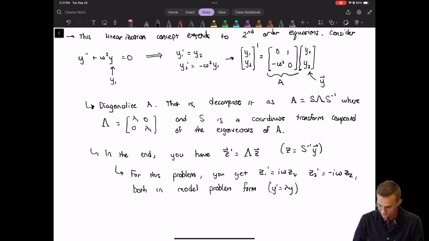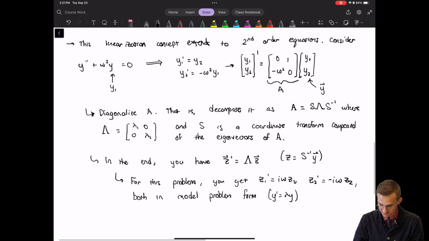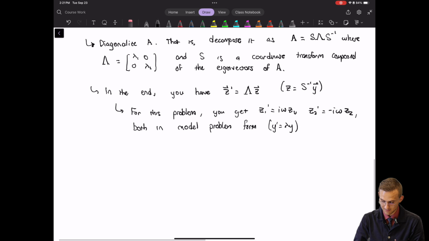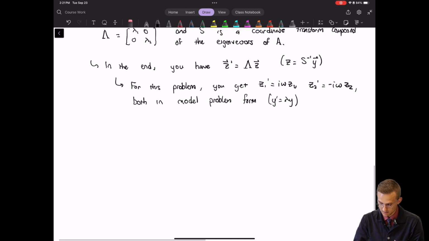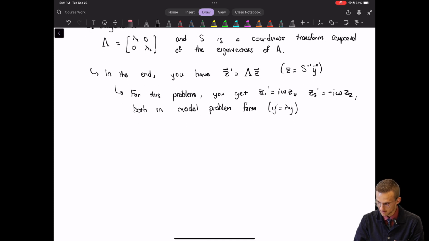The whole point is that this is the general process by which you convert a higher order system, which is composed of a coupled set of first order equations, to the model problem form, and it shows that the eigenvalues in particular take the role of lambda.